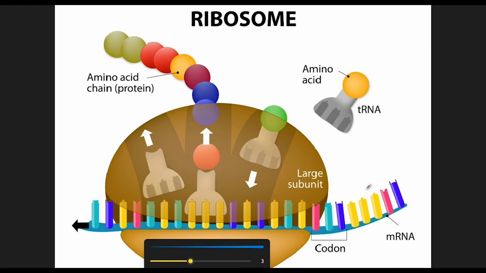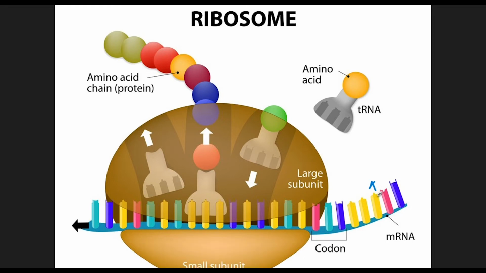I'm going to make an example. Let's say this yellow one is adenine, the pink one is guanine, and the blue one is maybe cytosine.